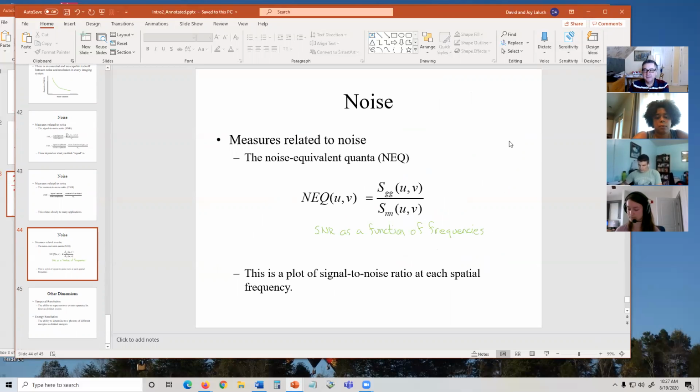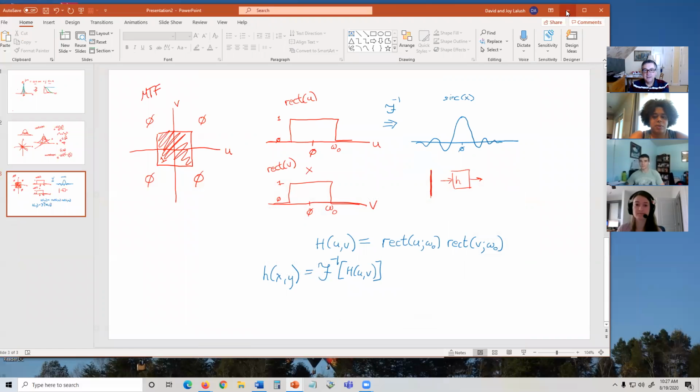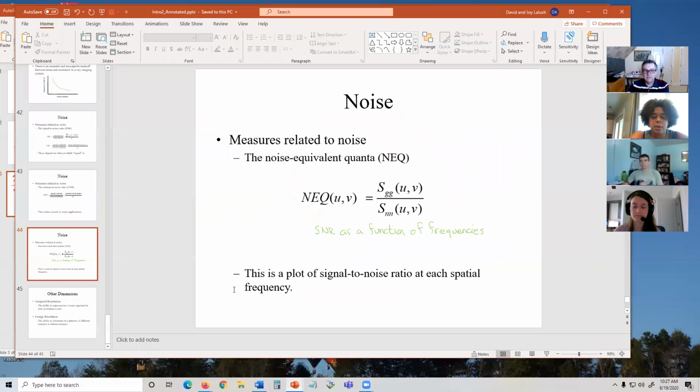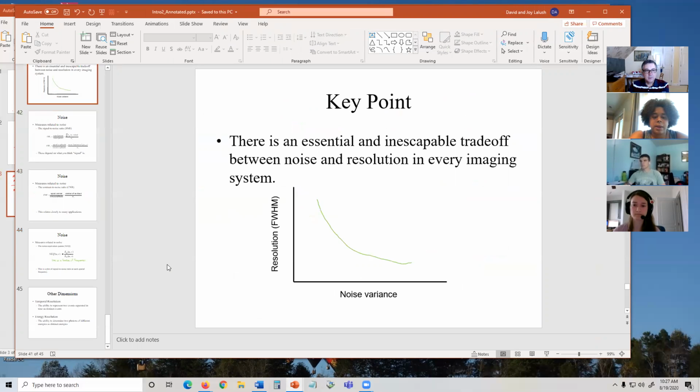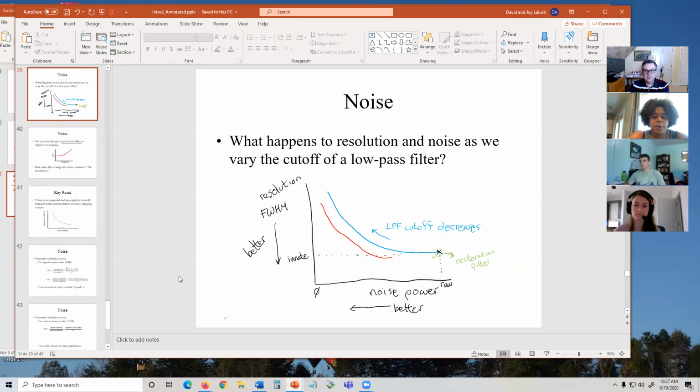Okay, any more? Going once, going twice. For number 6, when relating resolution and noise, I guess I'm a bit confused about a quantitative example.